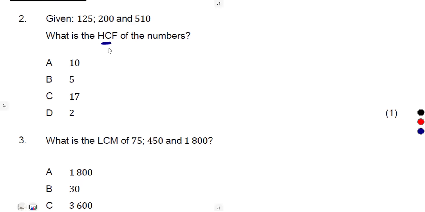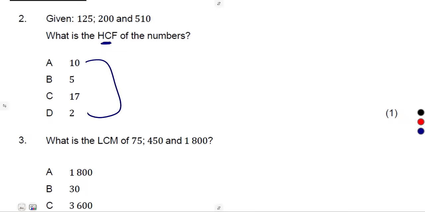In actual sense, we could have just looked into the answers there and tested the numbers, what you refer to as a factor. Remember, if we divide 125 by that number, 200 by that number, 510 by that number, we are supposed to obtain exact values. So we can test from these numbers.